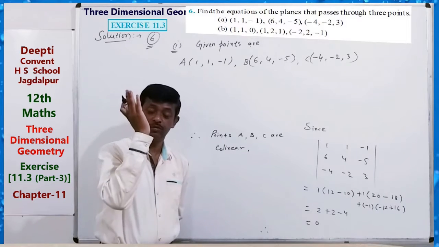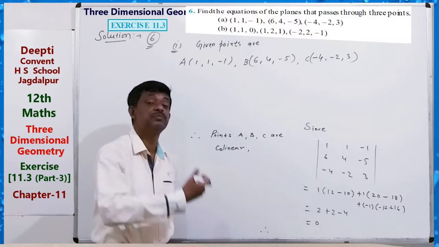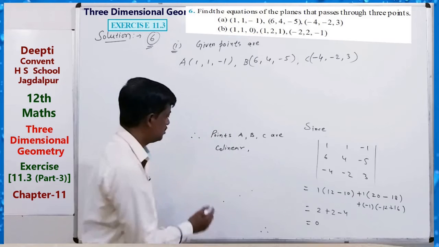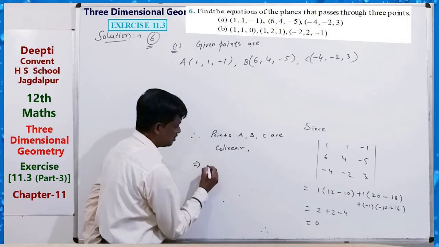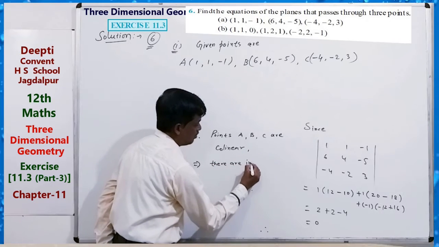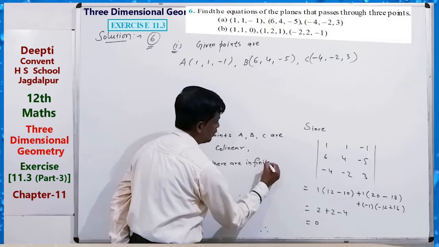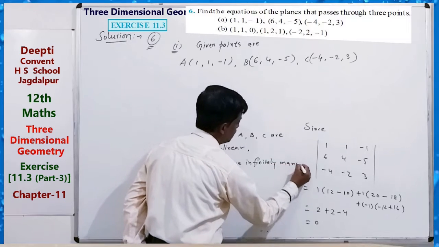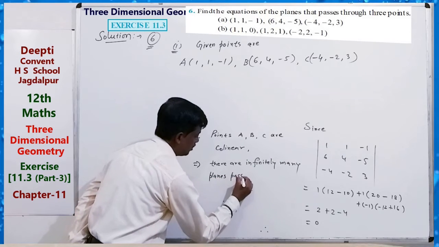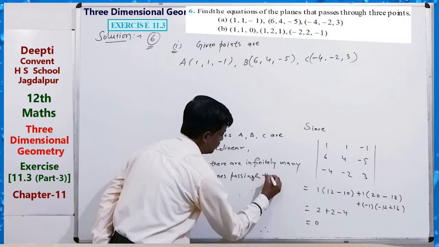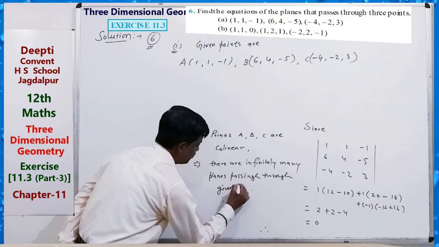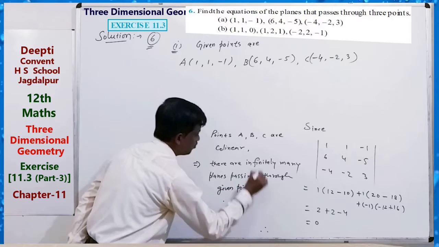A plane passing through 3 collinear points may be any of infinitely many planes. This implies there are infinitely many planes passing through the given points.